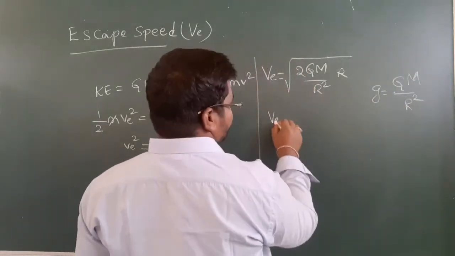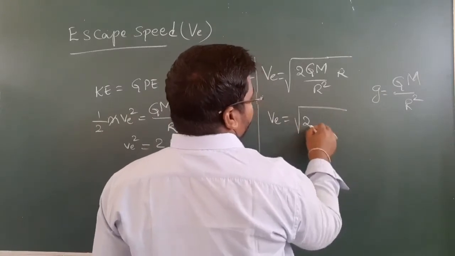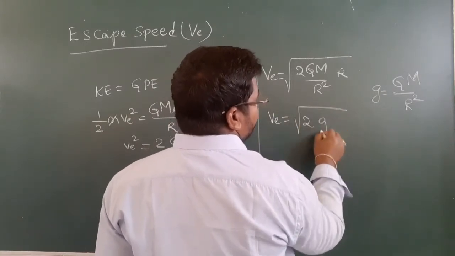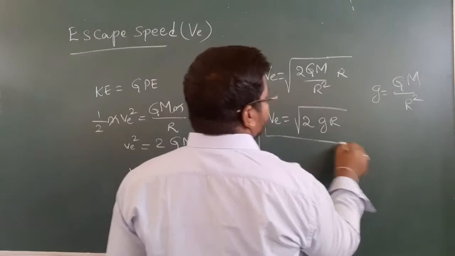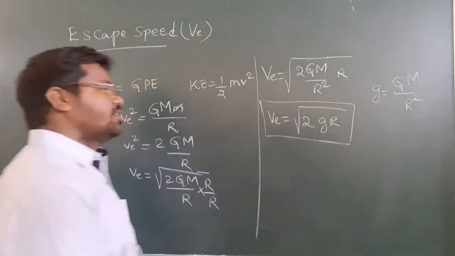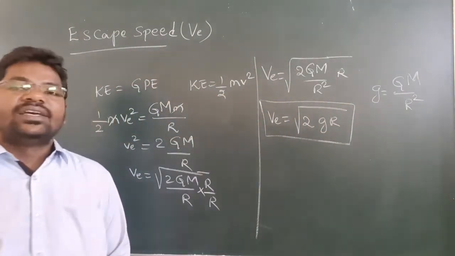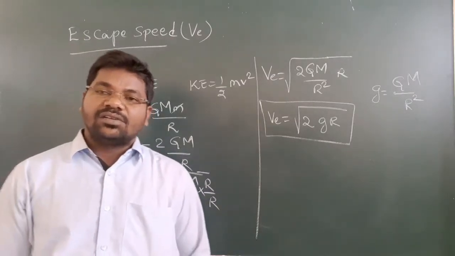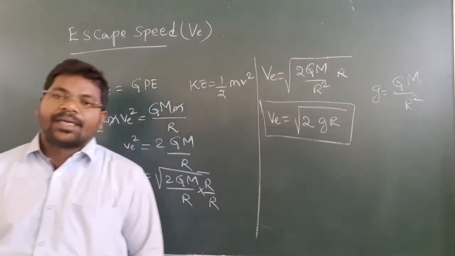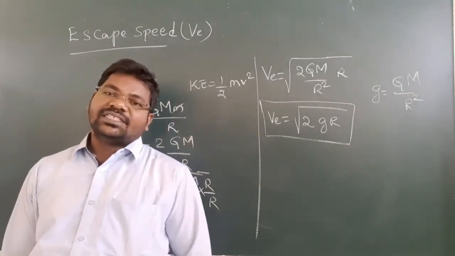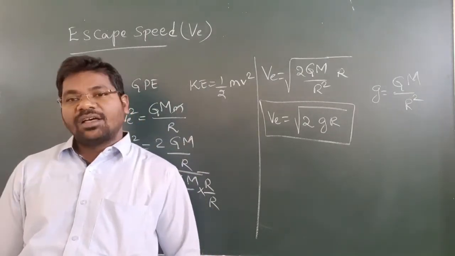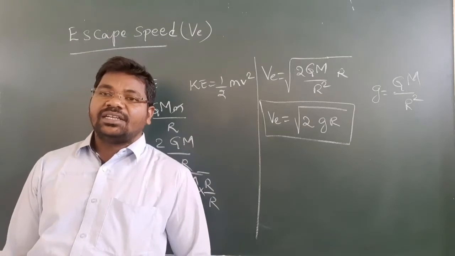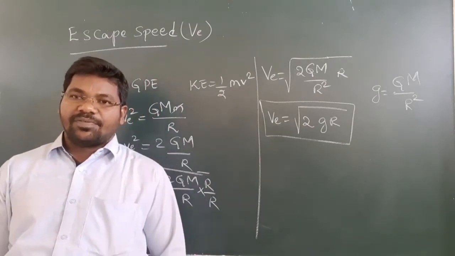Rearranging, we get Ve equal to root of 2 g r. This is the expression for escape speed or escape velocity. The minimum speed required to escape from the earth's gravity is called escape speed or escape velocity.